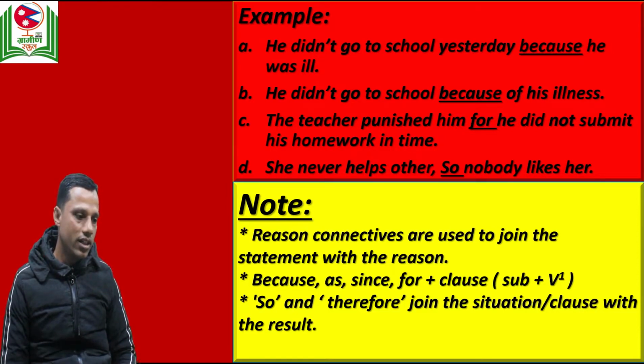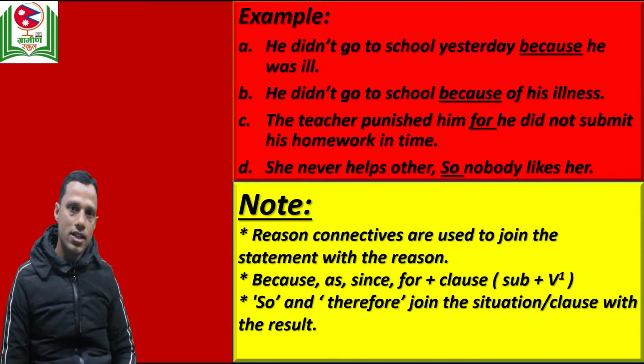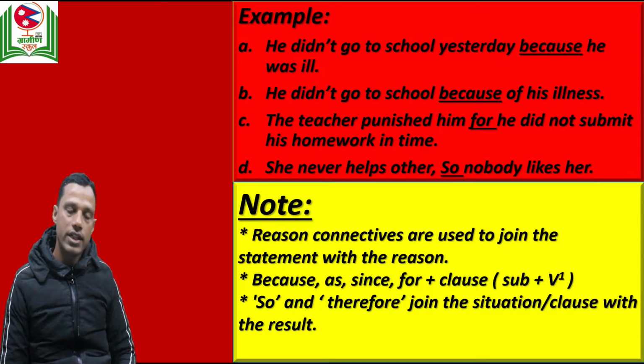Number D, she never helps others, so nobody likes her. Now in these examples, you can see the words like because of, for, so, right? And these words have been used as the connectives of reason or reason connectives, because these words join the statement with their reason, right?